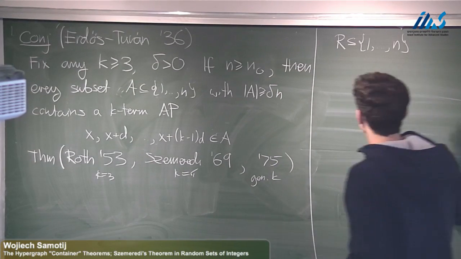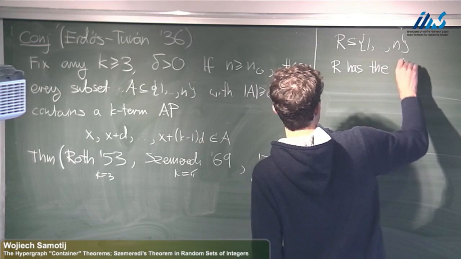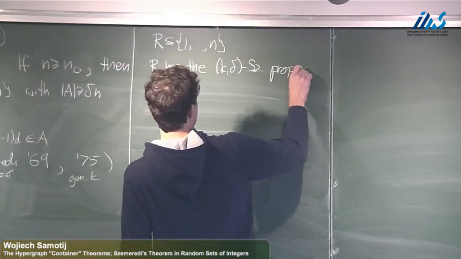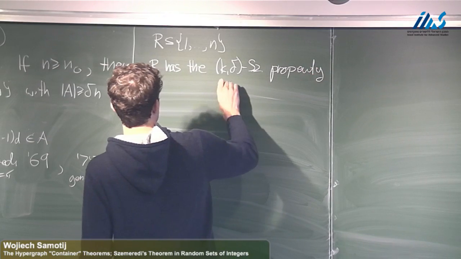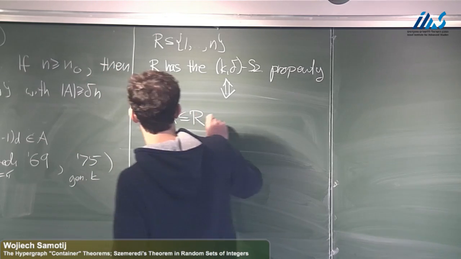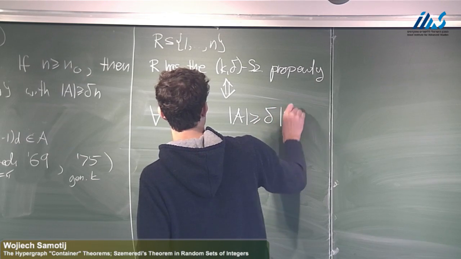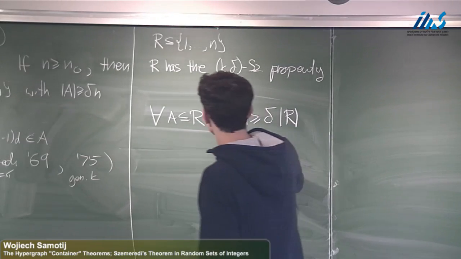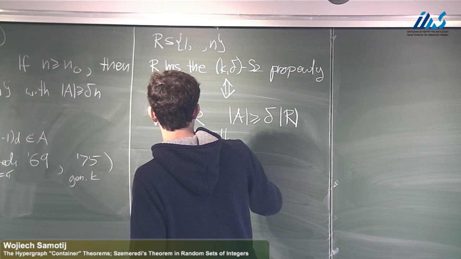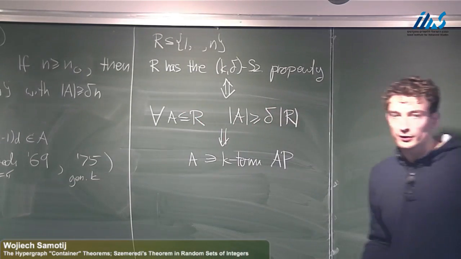And then I'll say that R has the k delta Szemeredi property if and only if, whenever I take some subset A of R which contains at least a delta proportion of the elements of R, then A contains some k-term arithmetic progression.